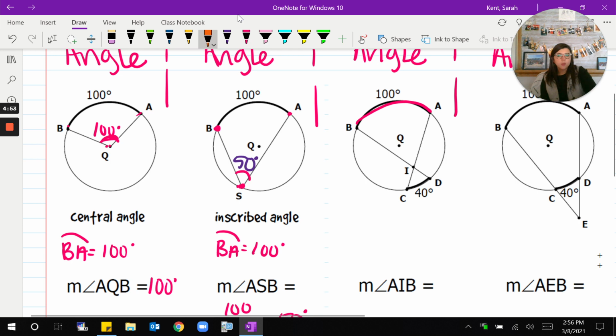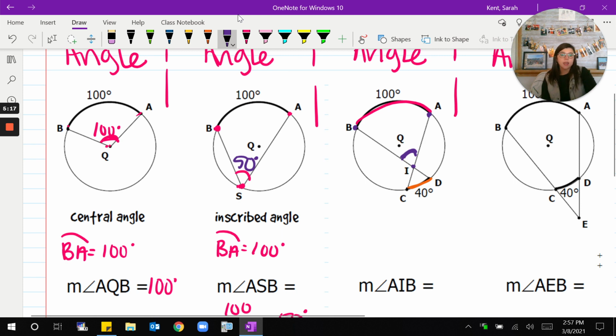But then we also have this little arc down here, CD, which is 40. And in our question, we're looking for AIB. So here I want A to I to B. So I want this angle right here in between those two arcs.